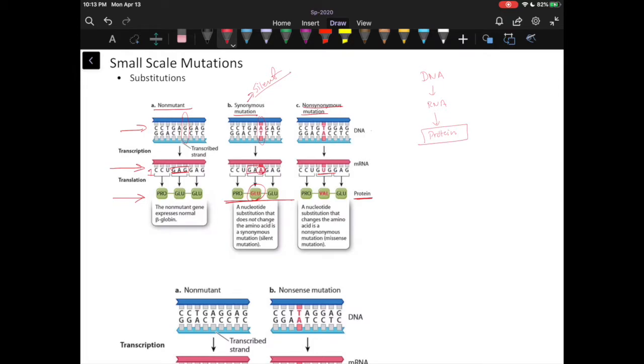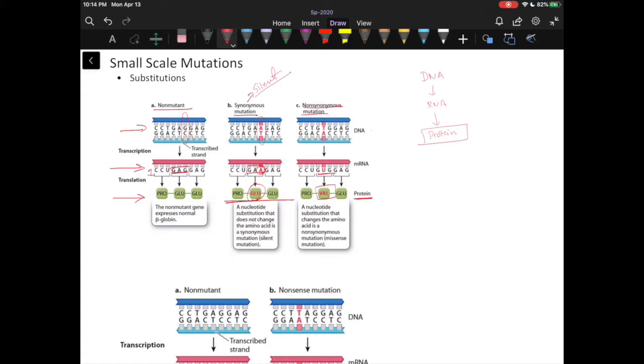The change is made in the DNA, and that's going to result in a uracil here instead of an adenine. And the GUG, unlike the GAG in the non-mutant, will code for a completely different amino acid, in this case valine, I believe.